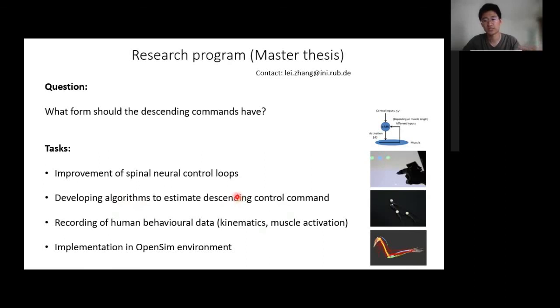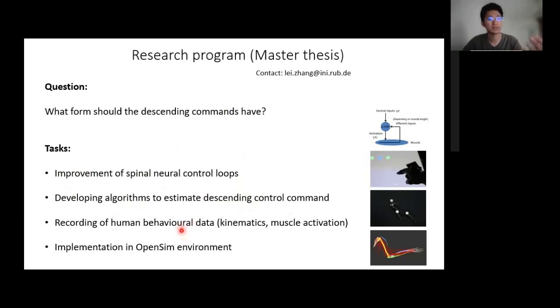As Rashid did, they use an optimization method, but we are still working out if there are other solutions. So given a mathematical model and some measurable behavioral data, how can we estimate the input to this model? These first two tasks are more important for this program.